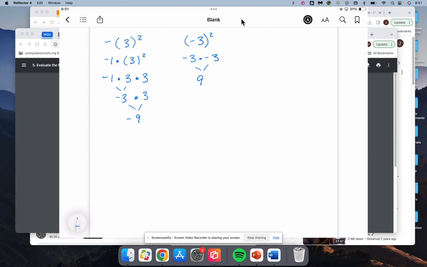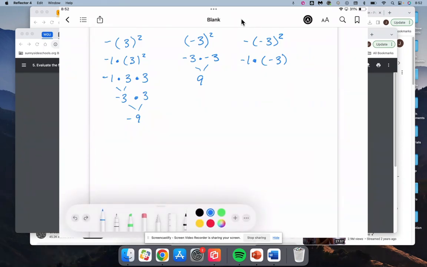And the last kind of thing you could see with something like this would be a negative times a negative with a negative on the inside, like that. And so again, this goes back to what we had with the first one, where we have a negative 1 on the outside being multiplied by whatever is being raised to the power of 2. In this case, negative 3 times negative 3.